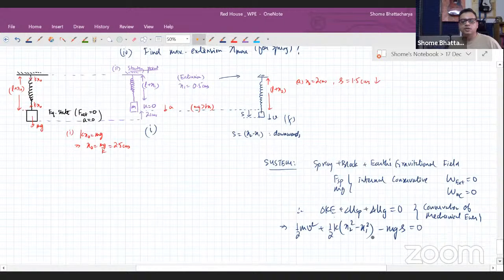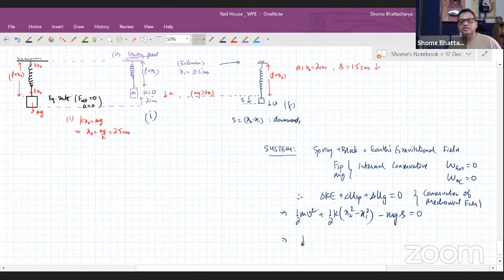So I get a simple formula that the kinetic energy at any point of time is equal to mgs minus half k (x2 square minus x1 square). Now remember, s was also equal to x2 minus x1.